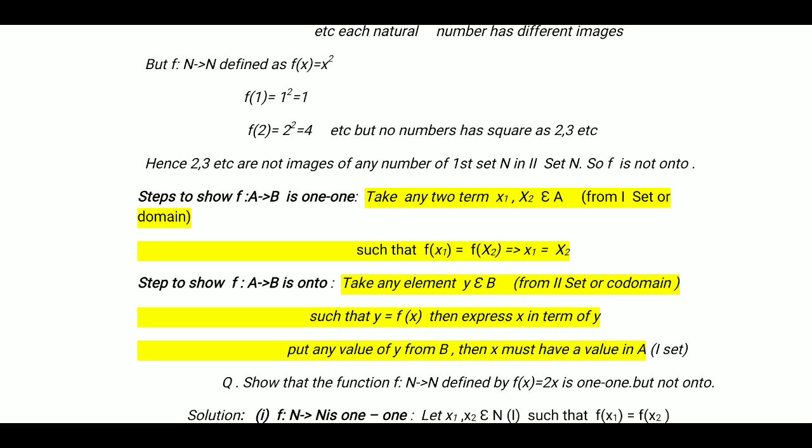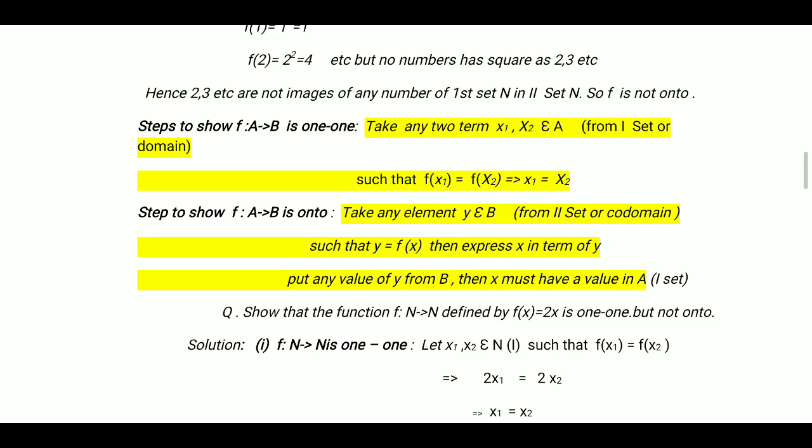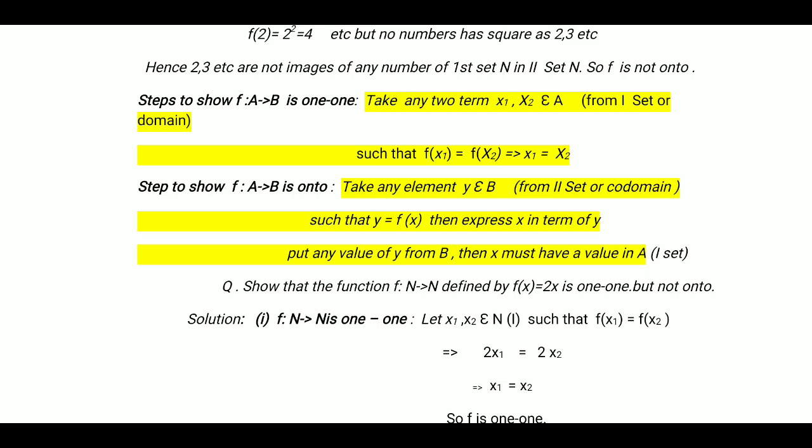Now remember some steps for showing a function f from A to B is 1-1. The step is: take any two elements x1 and x2 belonging to the first set A. You have to take two elements from the domain of the set such that f(x1) is equal to f(x2), which implies x1 is equal to x2.